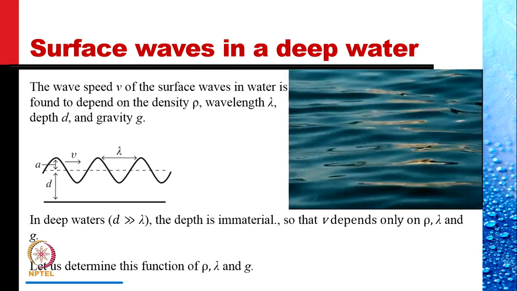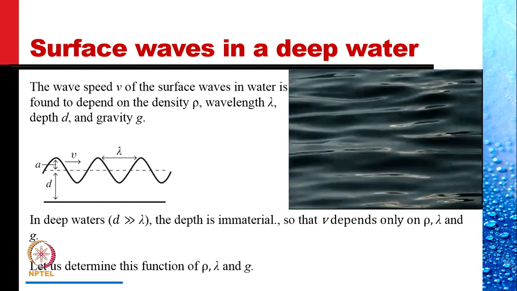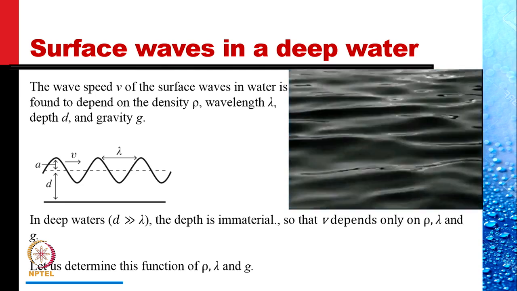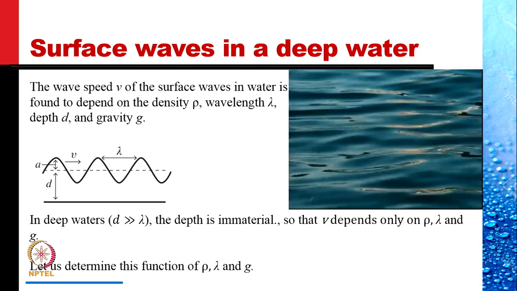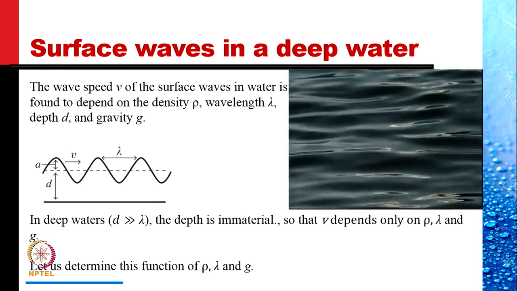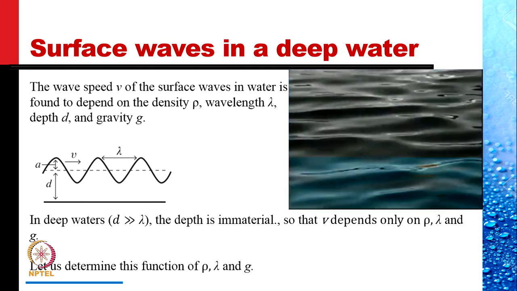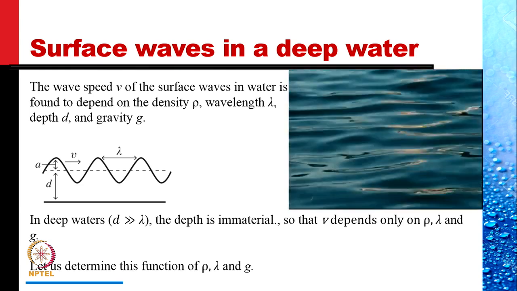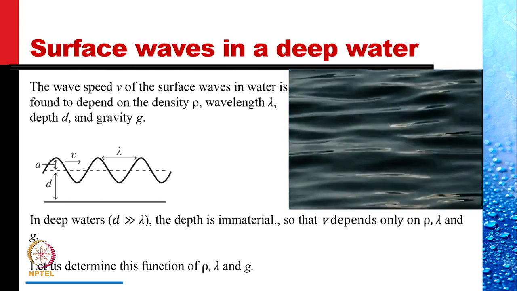In fact, we will see that rho should not matter because neither v nor lambda nor g contains the dimension of mass. And so the only parameter rho, which contains the dimension of mass, would not occur in any non-dimensional relations. Let's determine this function of rho, lambda and g.